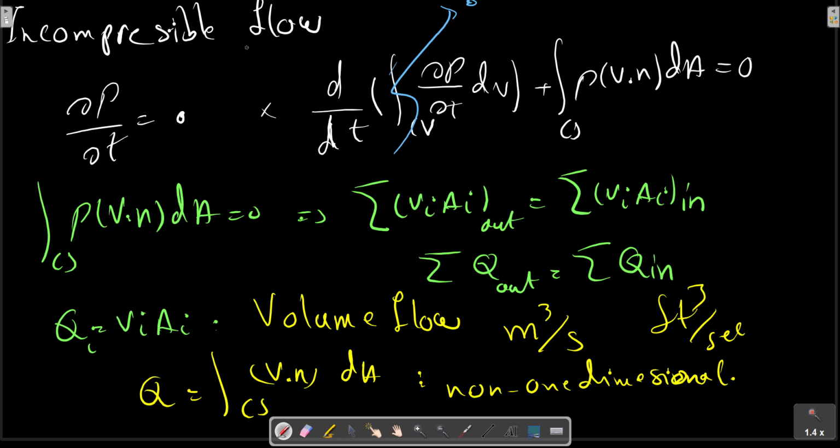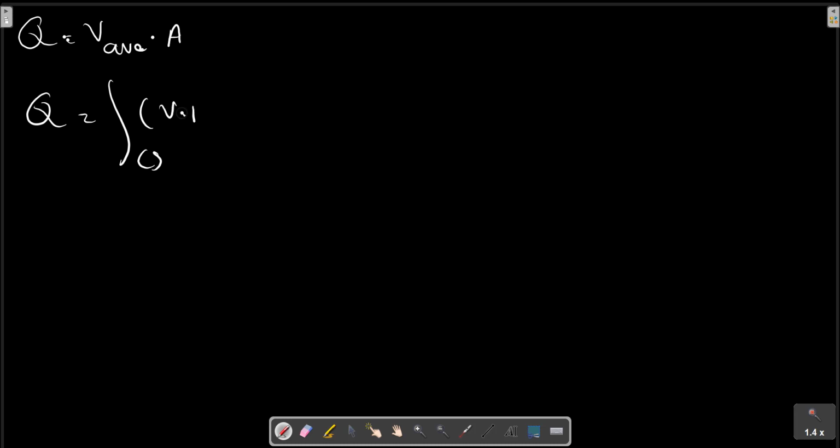So if we write this equation again, Q equals V average multiplied by A, and for the non-one-dimensional case, we have Q equals the integration over the cross section of V dot n dA.